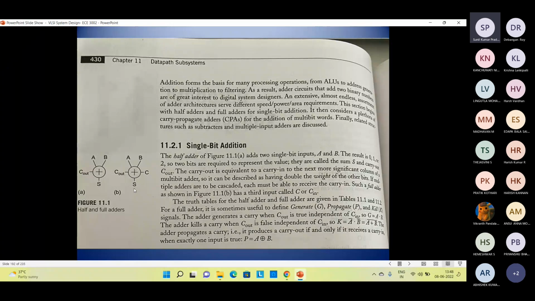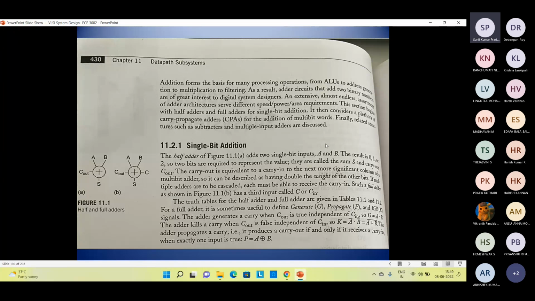Whether it is a half adder or a full adder, the two single bit inputs A and B are common. The only difference between a full adder and a half adder is that in the case of a full adder there is a third input, which we call C or C in. Just once again, a brief synopsis: in a half adder, we have two single inputs A and B, and the result is 0, 1 or 2.